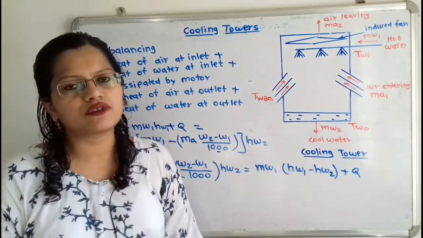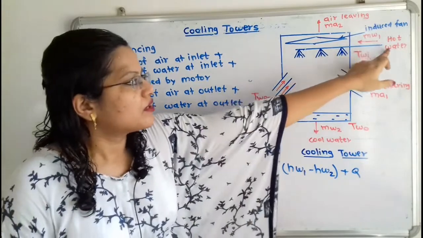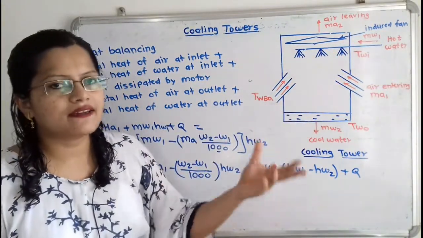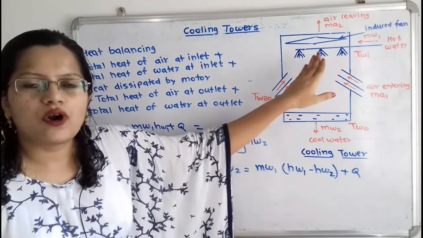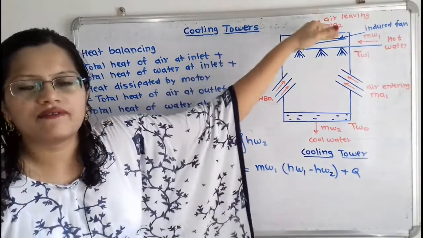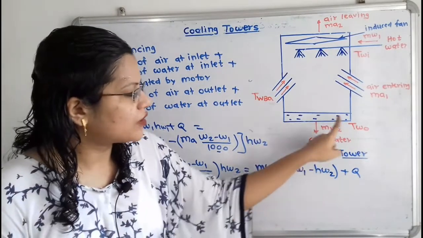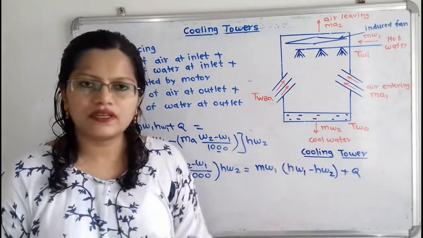So how do we find this Mw2? It is the total water entering the cooling tower minus the amount of water vapor that is carried away with the air. Then we get the remaining water that is taken out from the tower.